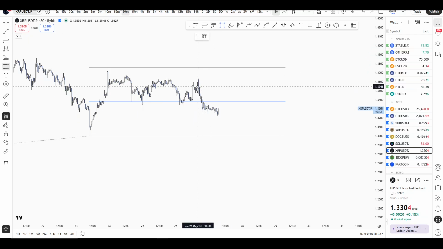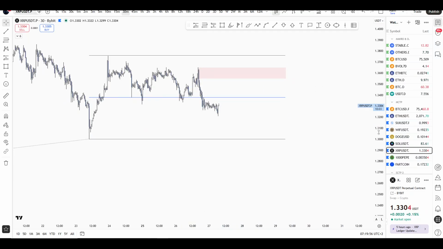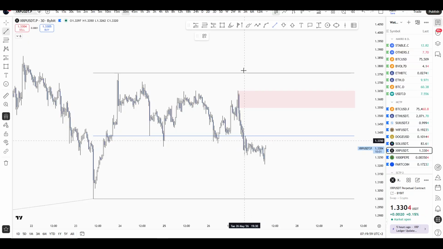We got a little block here. Nothing very special, but it grabbed liquidity as I can see. Yeah, it took out this high, 3651. Oh, it put equal highs.